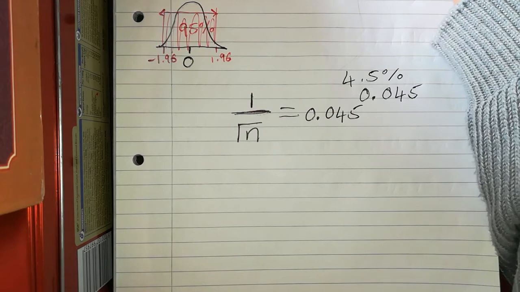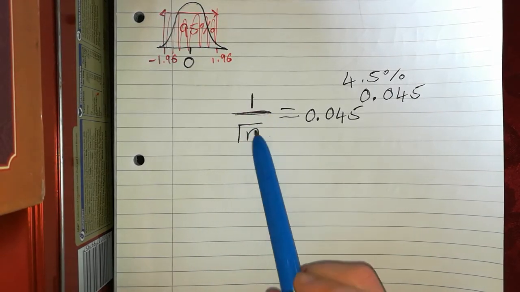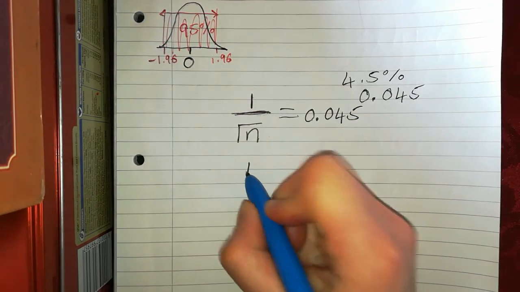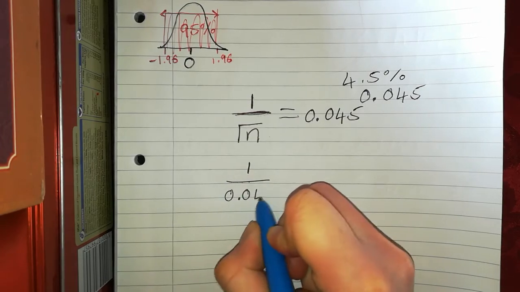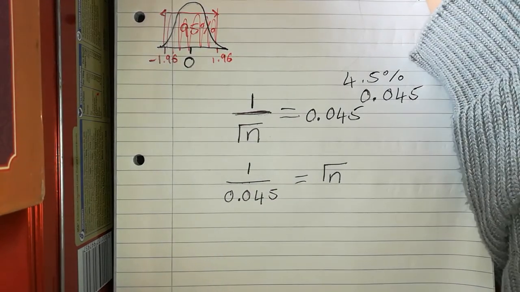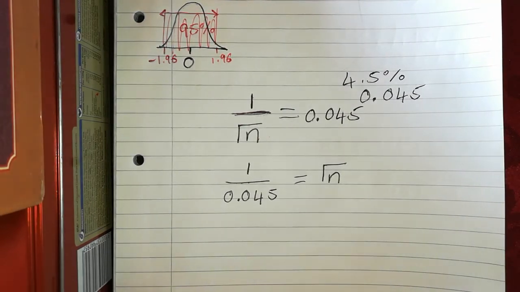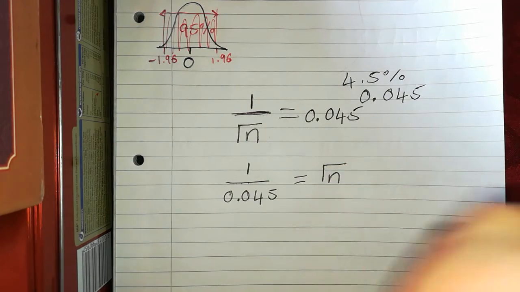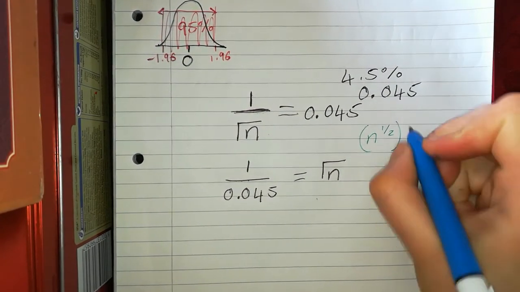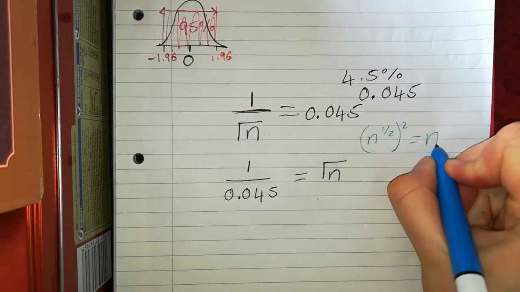What I might do is move the square root of n up here and move the 0.045 to the bottom, so 1 over 0.045 is equal to the square root of n. And if I want to get rid of my square root, a square root is the same as any number to the power of a half. So if I square a square root, it'll be n to the power of a half raised to the power of 2, so it'll just be n to the power of 1.